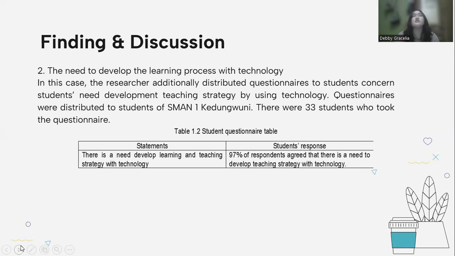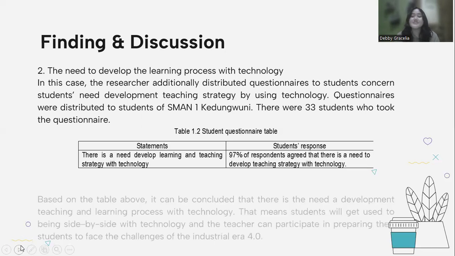We know that in this industrial era, the teacher should be more creative and more updated with technology. So here, the researcher tried to ask the students whether there is any need to develop the learning and teaching strategy with technology. And 97% of respondents agree that there is a need to develop teaching strategy with technology.